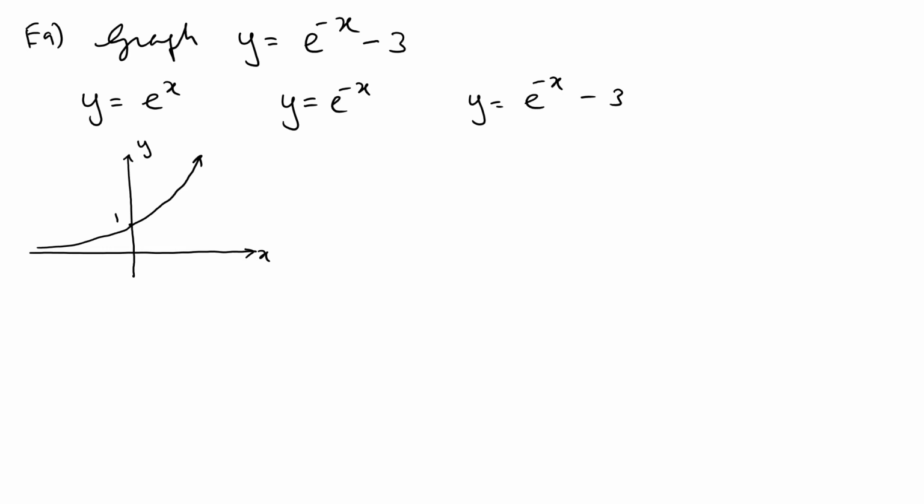And then a negative x means you reflect about the y-axis. So the graph of the second one is going to look like this, reflected about the y-axis. Pass through 1.